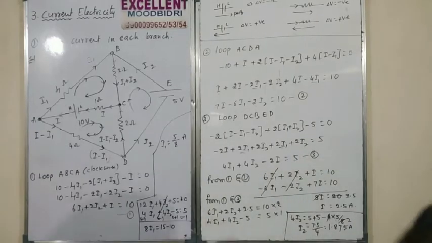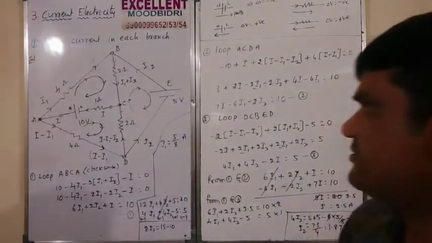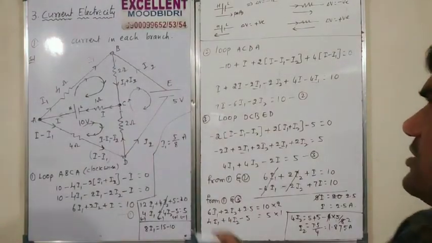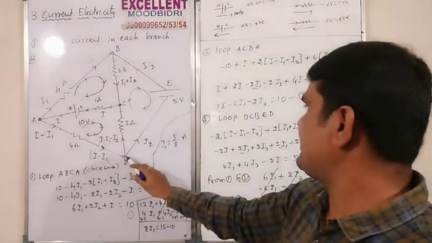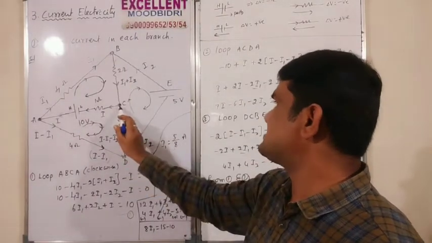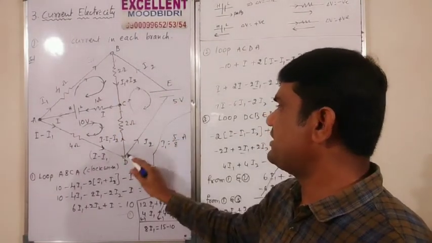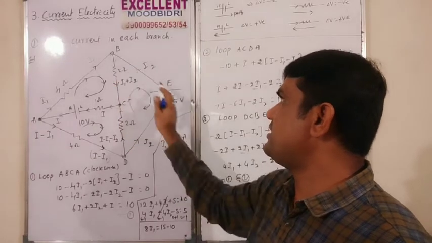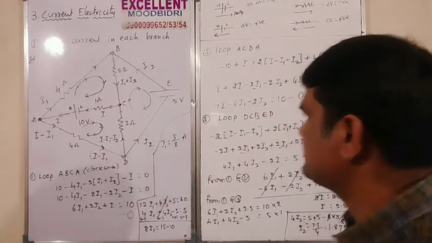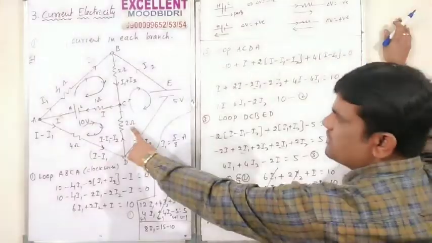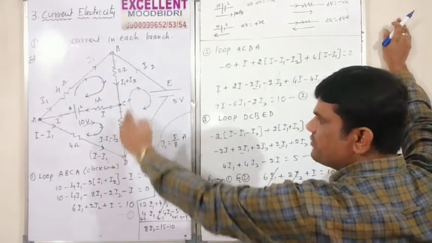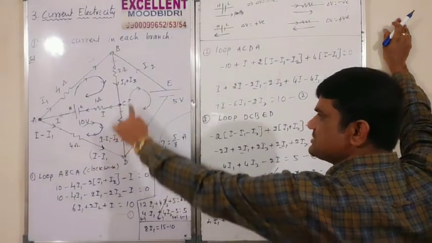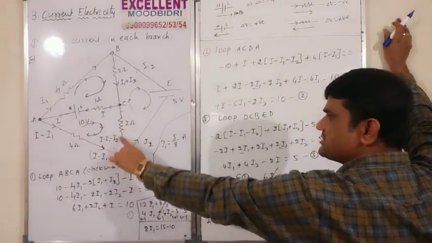Next, observe this loop: D C B E D. Here the resistance is 2. The current and the path are moving in the same direction, therefore minus.